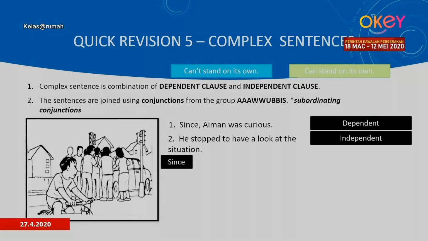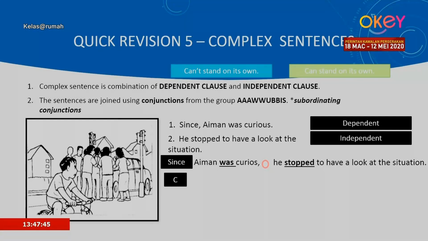What if we combine these two sentences using a conjunction? Here we go. This is my example: Since Aiman was curious, he stopped to have a look at the situation. Have a look at the formula. I started with a conjunction, since, and then I combined the first sentence with the other one.